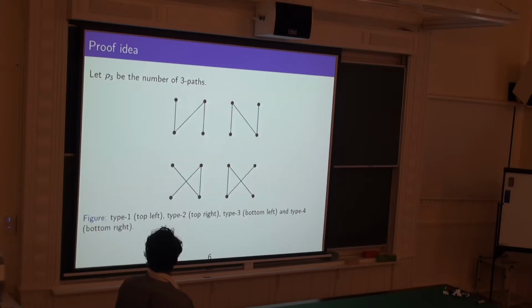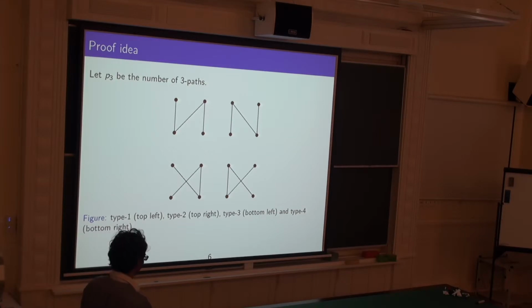So the total number of 3 paths is the number of paths of this type, this type, this type, and this type. Now notice that we cannot have too many paths of this type or too many paths of this type, because whenever we have a path of this type, let's just mark this vertex and this vertex, just the end vertices.